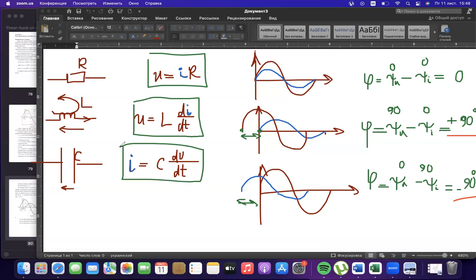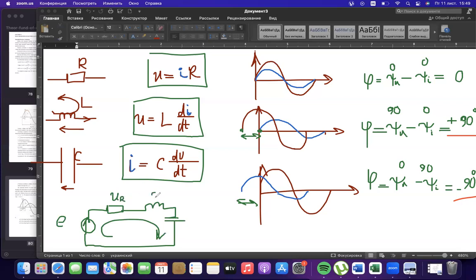Our next task is to find how to deal with these formulas, not to calculate the differential equation. For example, if we have a source of energy, resistor, coil, and capacitor, and we write Kirchhoff's law for this circuit, that electromotive force equals voltage on the resistor plus voltage on the coil plus voltage on the capacitor, we obtain a differential equation.